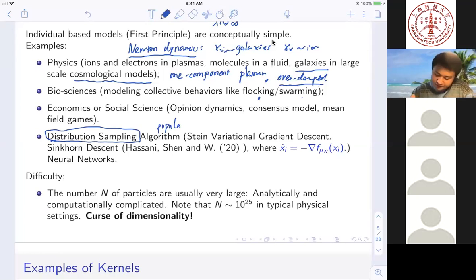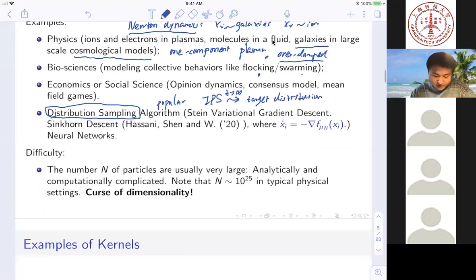You use particle systems and let the time go to infinity, or maybe not. By evolving the particle system, maybe you can recover a target distribution. This is very popular in the machine learning community and the applied math community.